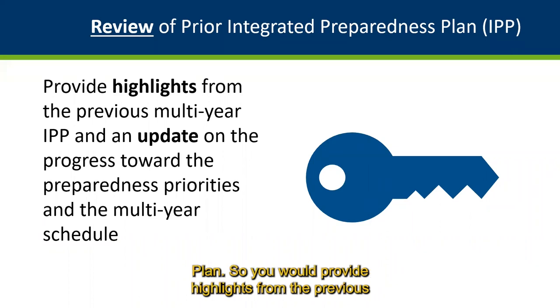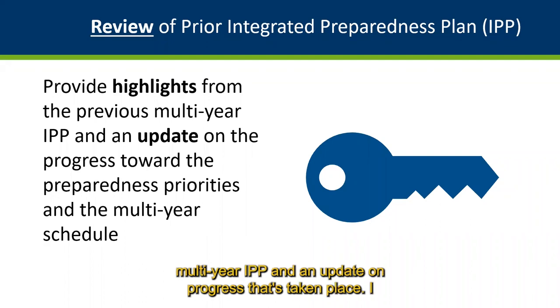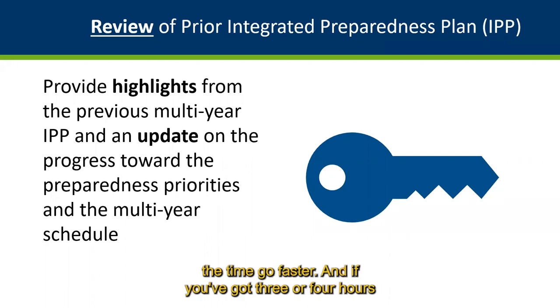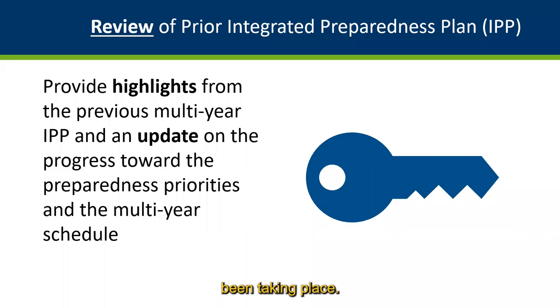So you would provide highlights from the previous multi-year IPP and an update on progress that's taken place. I would recommend that you send a little read ahead. It just makes the time go faster. And if you've got 3 or 4 hours with these people, you'd rather be trying to schedule and organize tasks and activities instead of updating on what's been taking place.